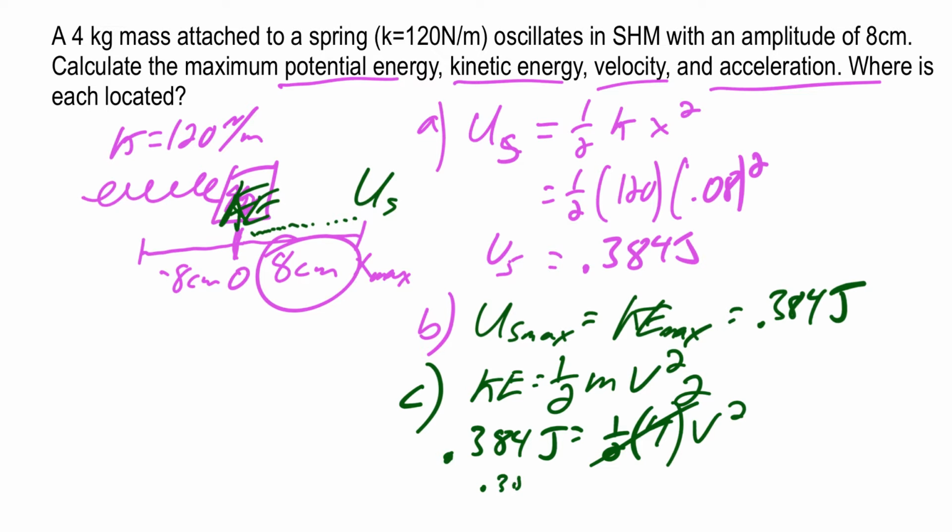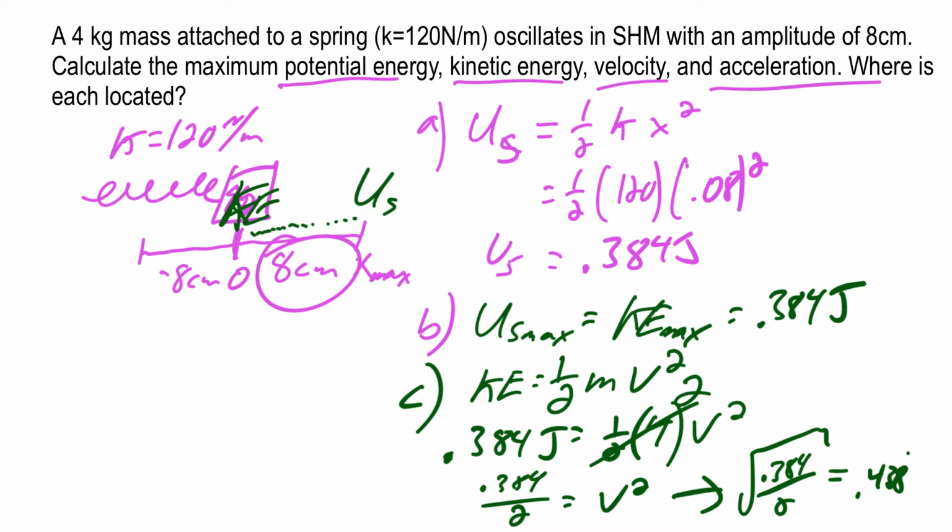So 0.384 divided by 2 equals v squared. And then we'll go ahead and square root that out. So this should be the square root of 0.384 divided by 2. When you do that, you get 0.438 meters per second.